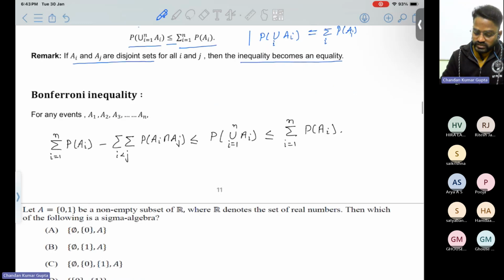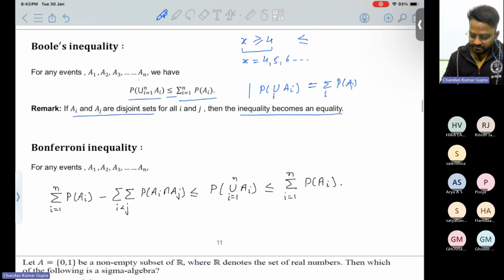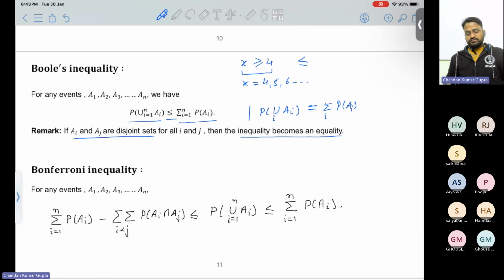Now the next one is Bonferroni's inequality. Again, it gives a bound. Actually, Boole's inequality gives a one-sided bound: the union of Ai must be less than or equal to this, which is the maximum, the upper bound for the union of Ai. But here, for the union of Ai, we have both a lower bound and an upper bound.